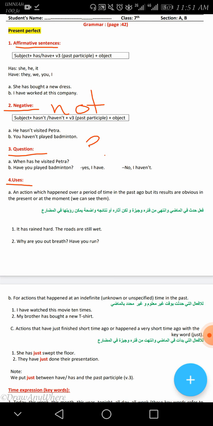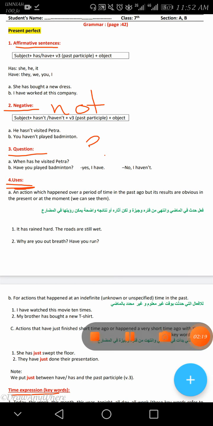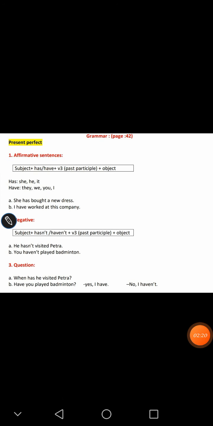The aim of studying grammar is not just for exams, but to use it in writing and in speaking. So you have to know why and when I use this tense. Lastly, we are going to talk about time expressions or keywords. Okay, let's start.